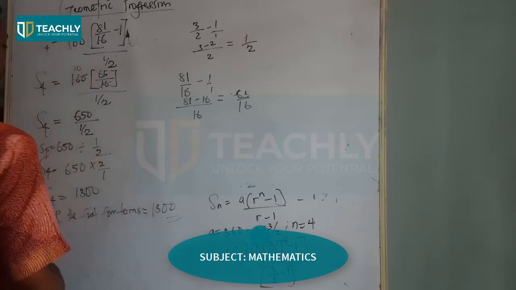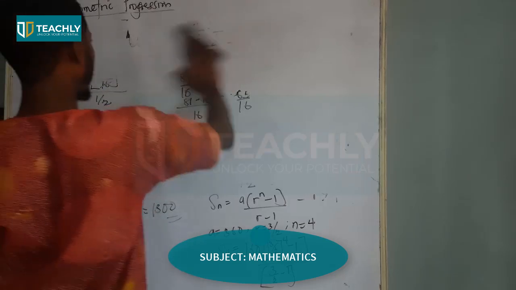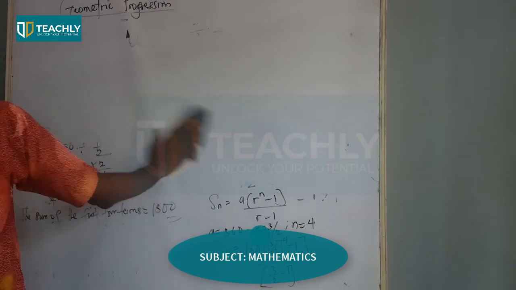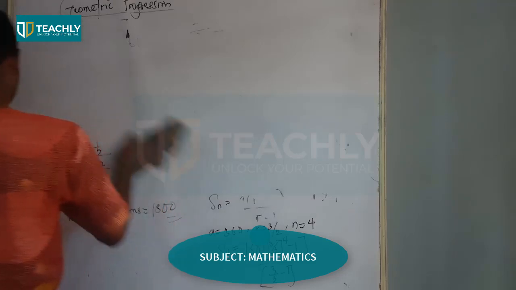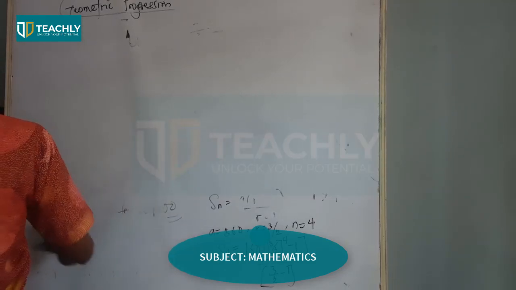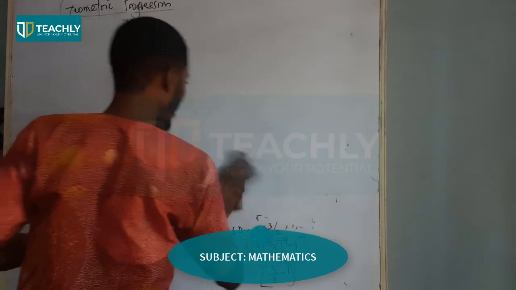So let's proceed into another subtopic under this, and that is sum of GP to infinity. Sum of GP to infinity. That is when it is indefinite.